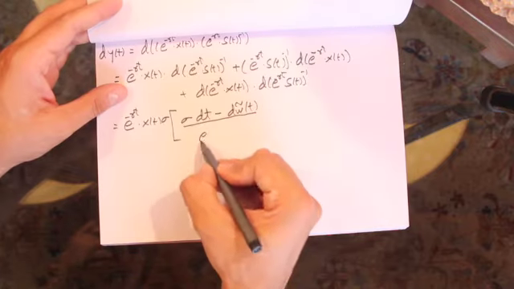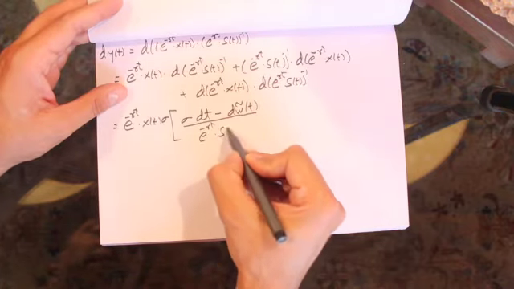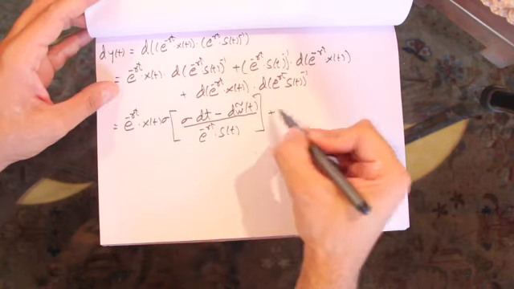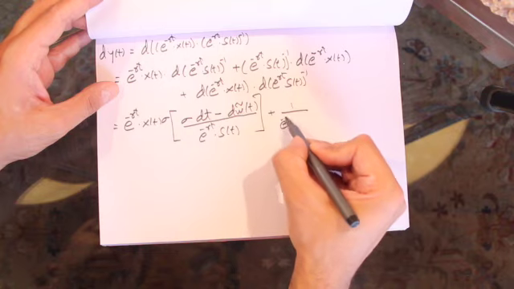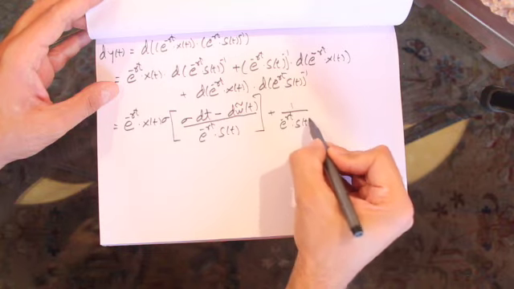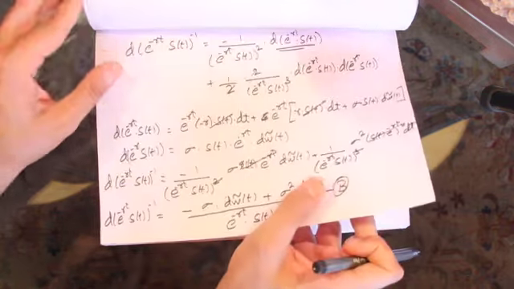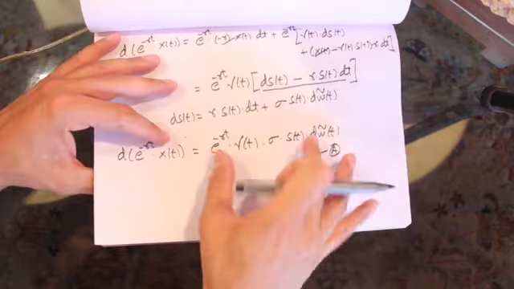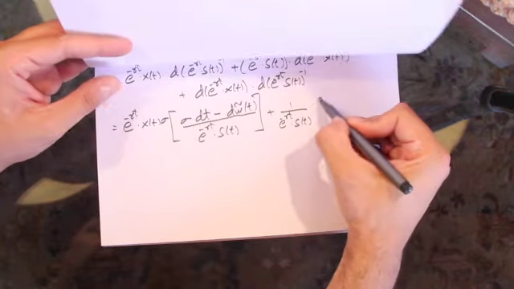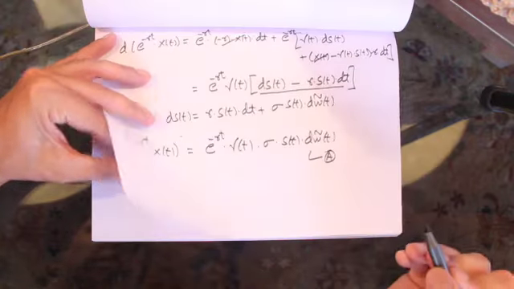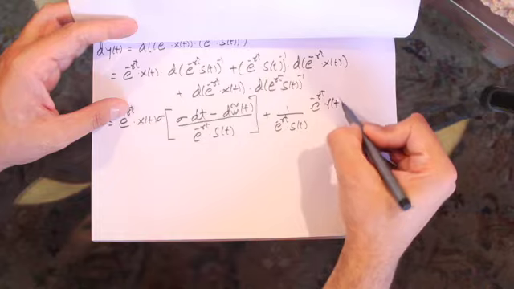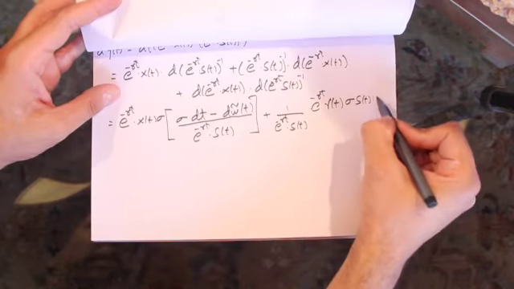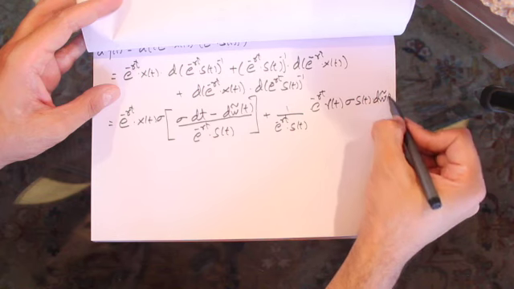The denominator is going to be e to the power of minus RT s of t. That's the first term. For the second term, I'll get e to the power of minus RT s of t, and d of e to the power of minus RT x of t is given right here: e to the power of minus RT gamma of t sigma s of t dW tilde t.